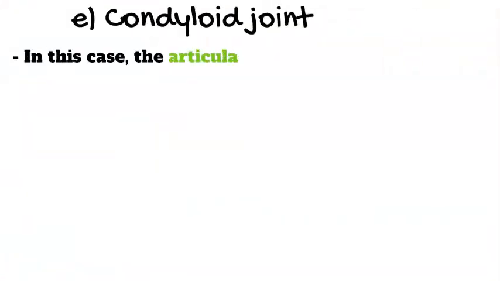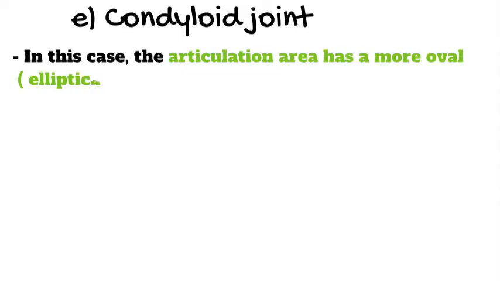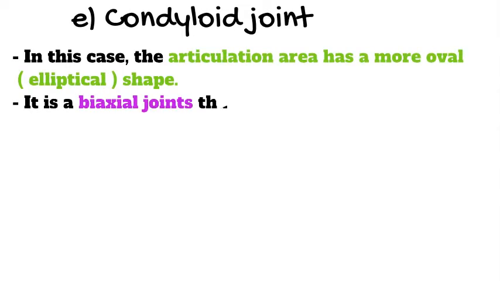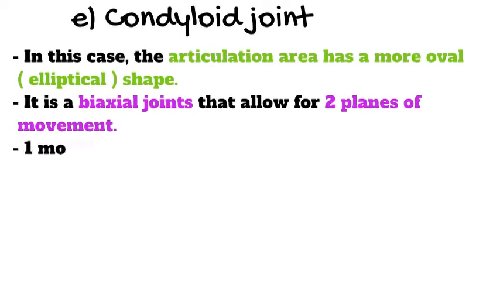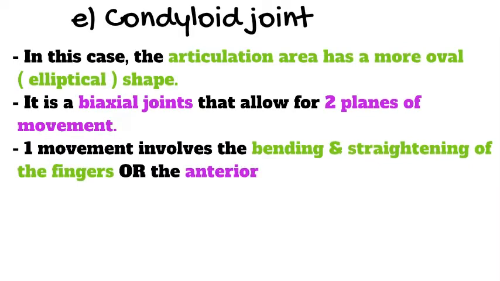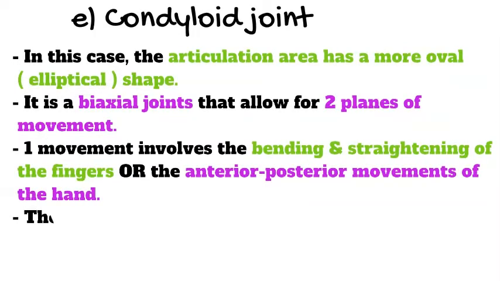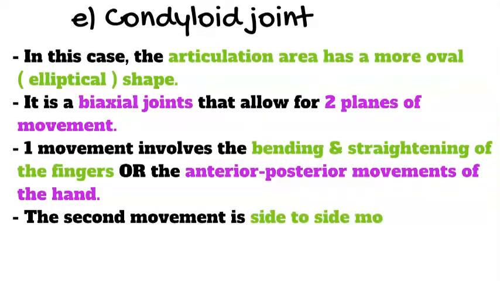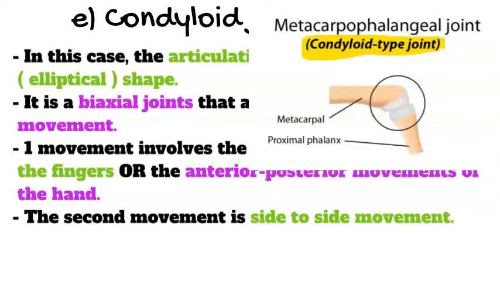In this case, the articulation area has a more oval or elliptical shape. It is a biaxial joint that allows for two planes of movement. One movement involves the bending and straightening of the fingers or the anterior-posterior movement of the hand. The second movement is side-to-side movement. This picture illustrates the metacarpophalangeal joint as a condyloid type of joint.